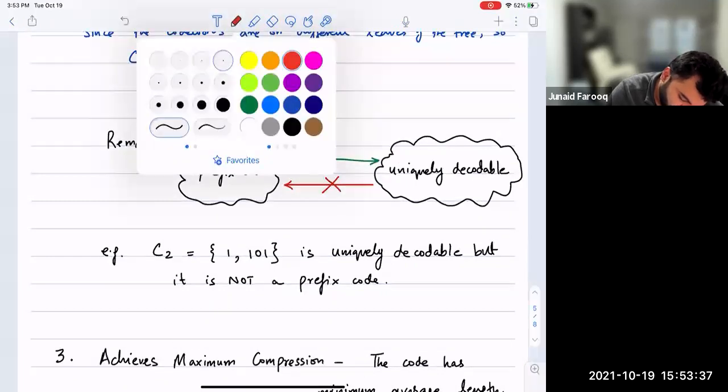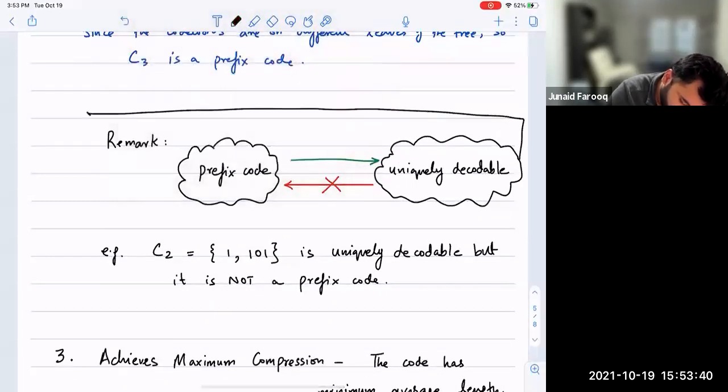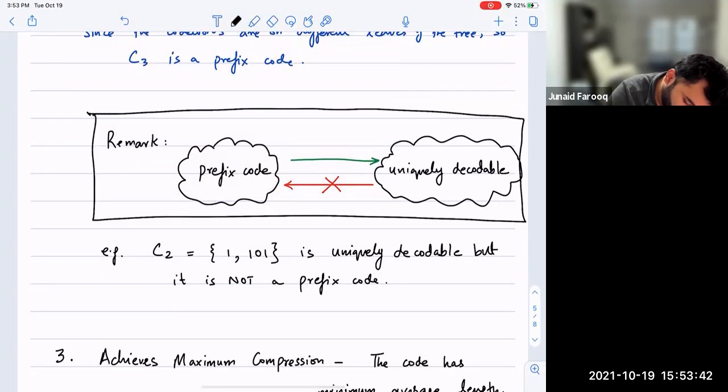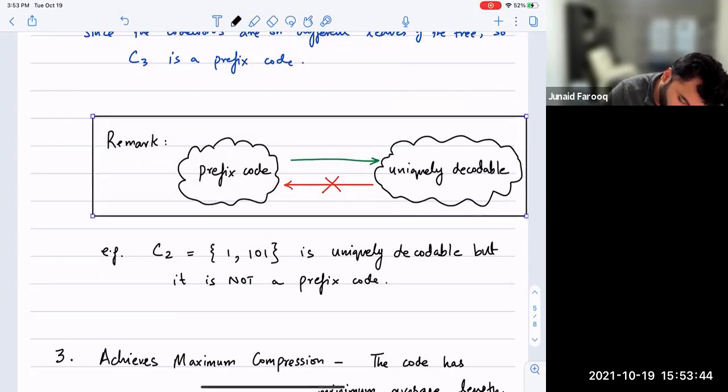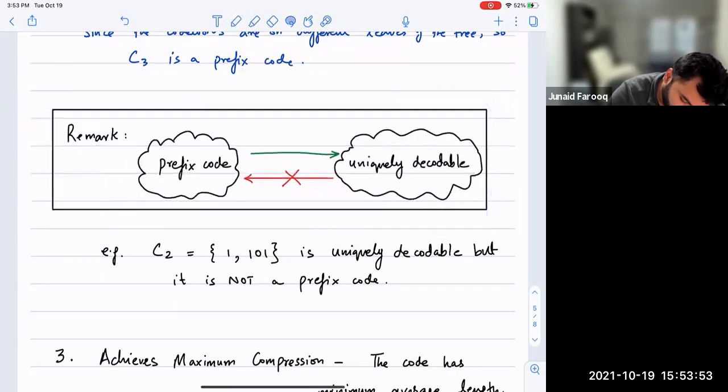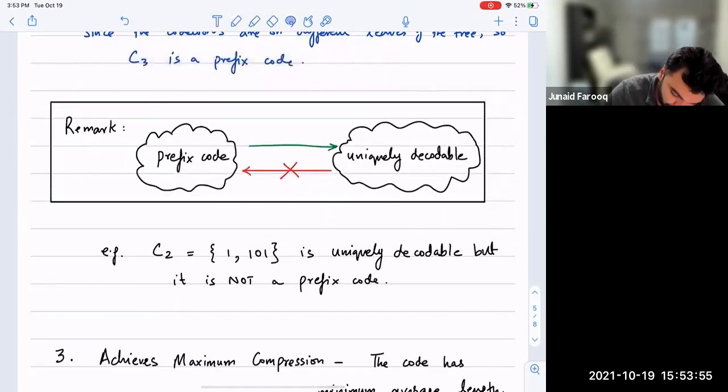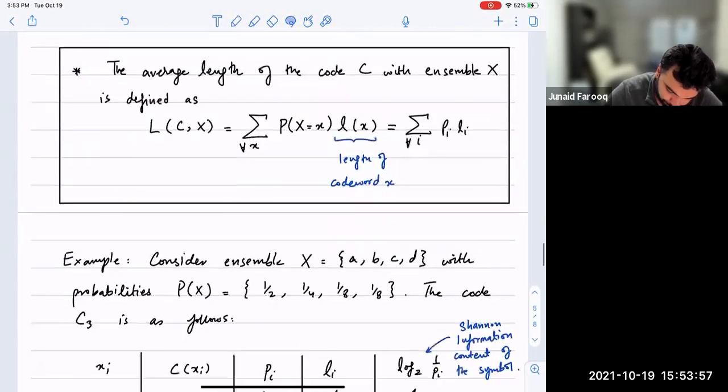You guys should also circle this, which essentially means that if you have a prefix code, it's always uniquely decodable automatically, but not the other way around. Okay, so you just have to be careful when using this argument.